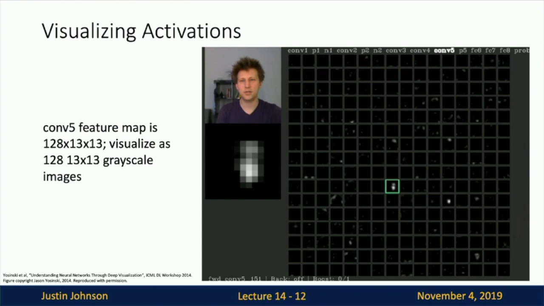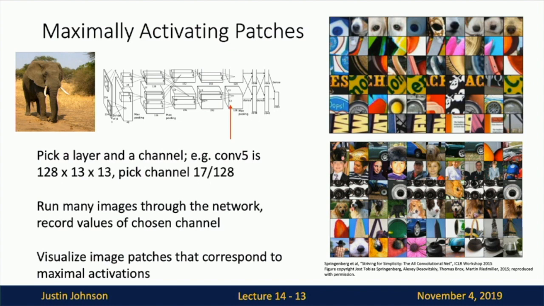If we wanted to test that hypothesis, one thing we could do is take our whole training set, or our test set images, run them through the network, and record for each image the value of that one chosen filter and that one chosen layer.